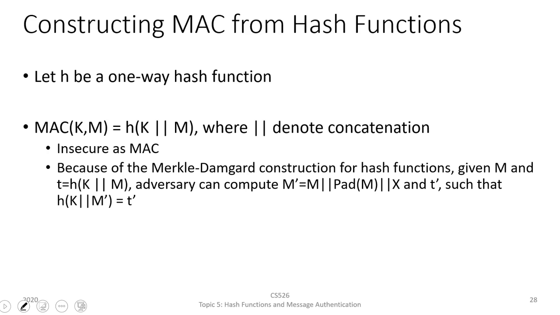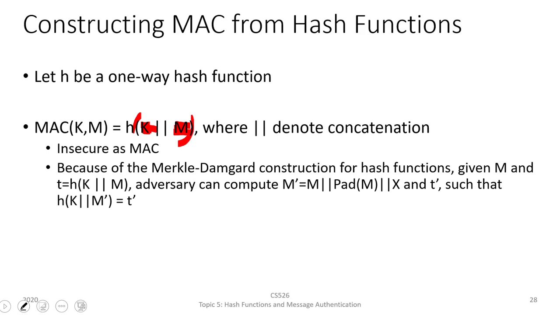So the way that we would go about building message authentication codes with hash functions is, we would take the message and combine it with the key and put it as the input for the hash function. So that will generate the hash, so generate the MAC.